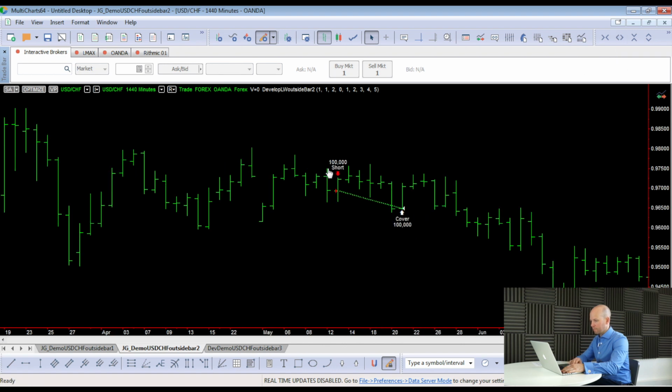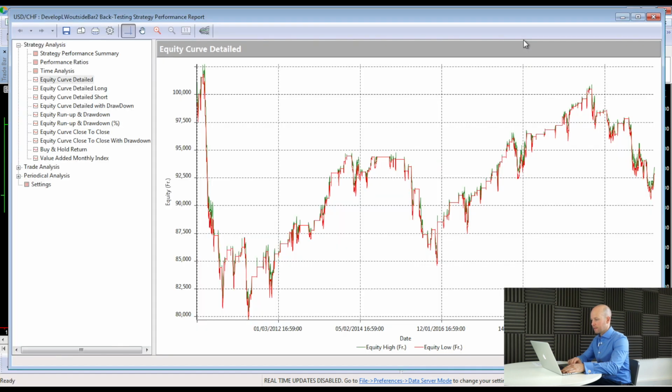We can see here we've got an outside bar with a down close lower than the previous low, and we've taken that short signal. We've exited as soon as we've had the first profitable close. So let's see how that's performed. And it's slightly better than the original rules, but still pretty terrible. Nothing that I'd recommend you trade.